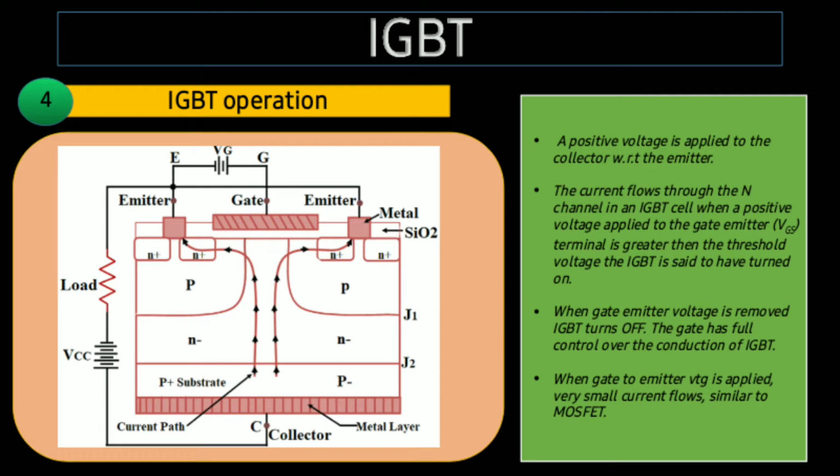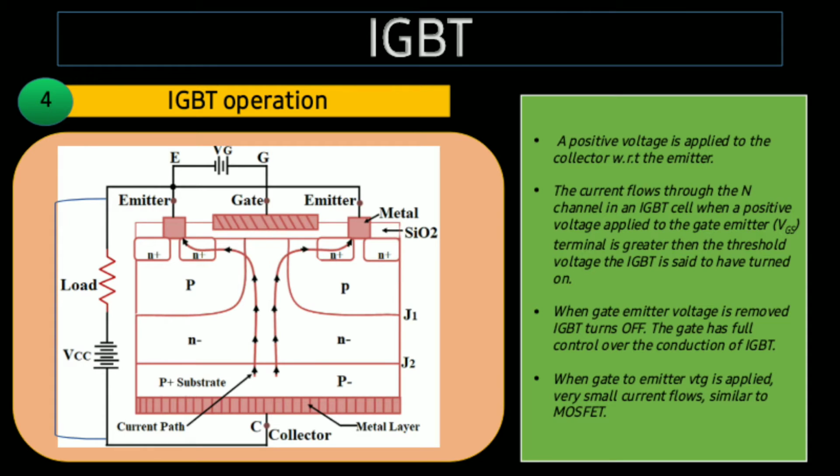Next we shall see the working of the IGBT. In order to understand the operation of the IGBT, we need to consider this circuit. Consider the voltage VG connected positively to the emitter and the gate terminal. Next, one more voltage source, VCC, is across the emitter and the collector, where the collector is kept positive with respect to the emitter.